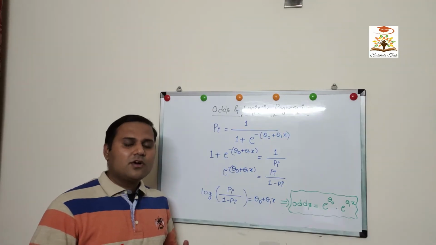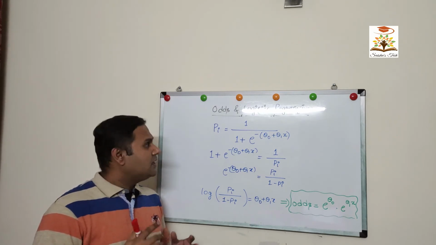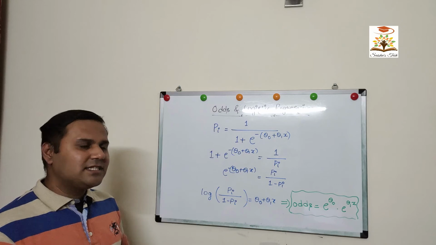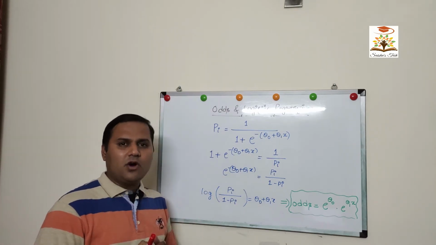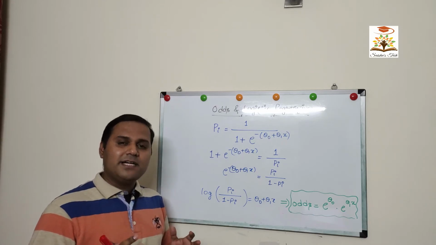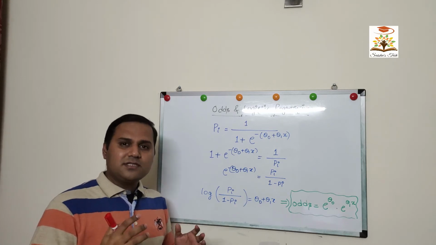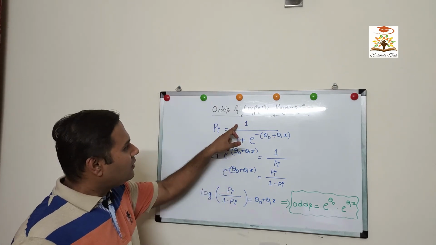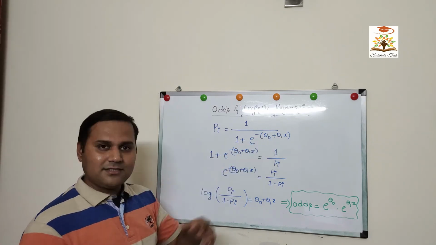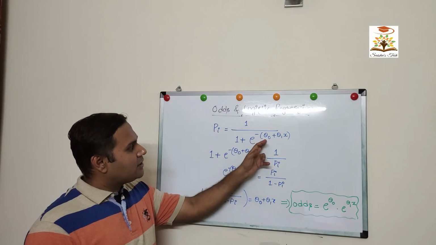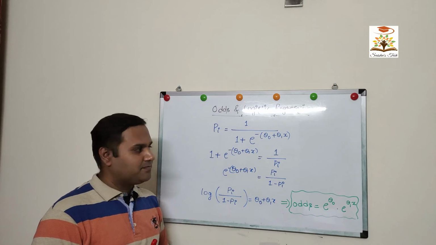Let us understand the concepts of odds and logistic regression. The probability of success is represented as P of I, and the hypothesis of any of the model provides us the probability of success. In case of logistic regression, the hypothesis is represented as 1 over 1 plus e raised to minus theta 0 plus theta 1 x, where theta 0 and theta 1 are the parameters of the hypothesis.